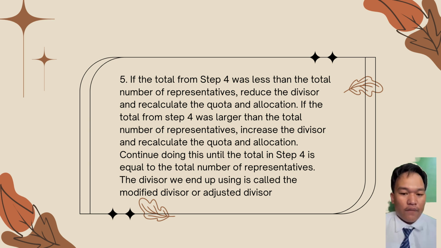If the total from step 4 was larger than the total number of representatives, increase the divisor and recalculate the quota and allocation. Continue doing this until the total in step 4 is equal to the total number of representatives. The divisor we end up using is called the modified divisor or adjusted divisor.